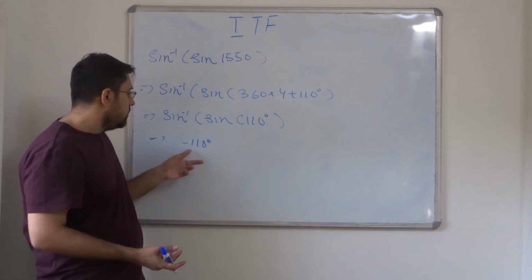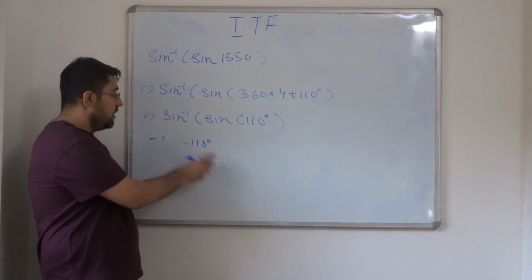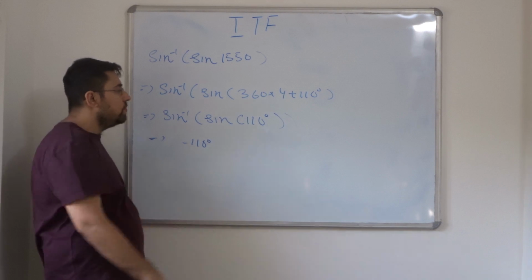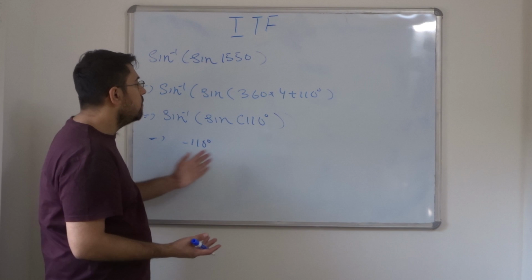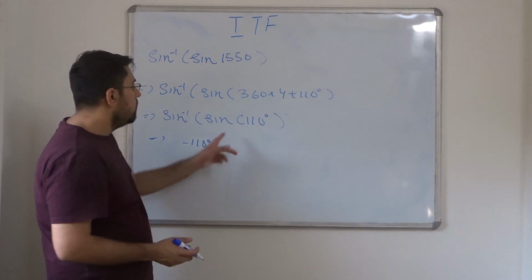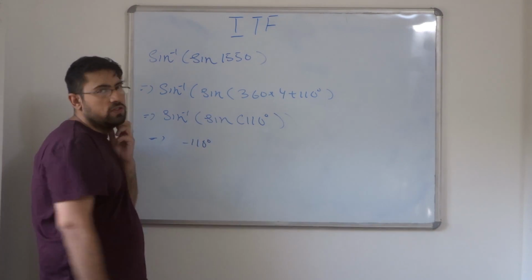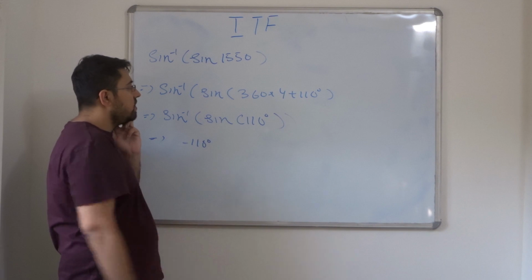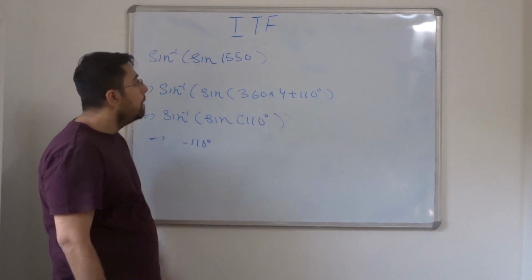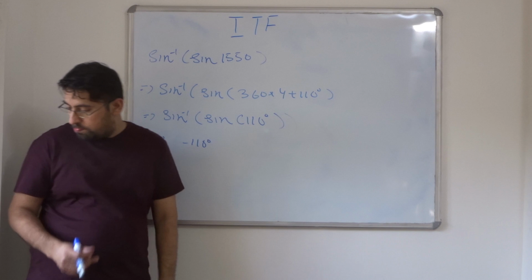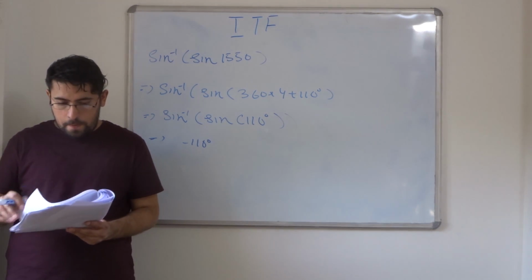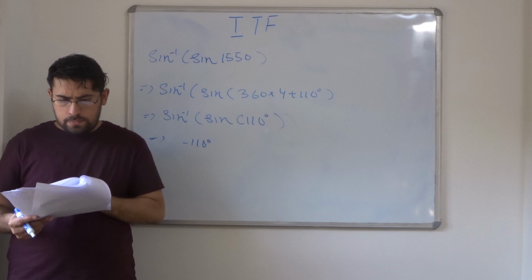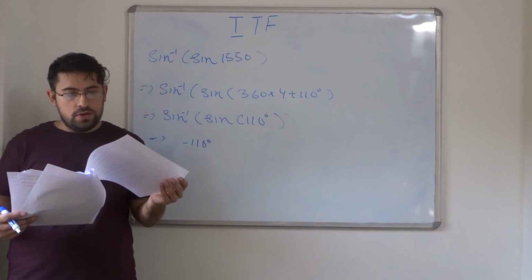But here, this is going to be, now remember, this might sound weird to you, but when you convert this into radians, you'll know that it makes sense. Now remember, guys, it's in another quadrant, so it's not in the quadrant it's supposed to be in. So let's move on now.